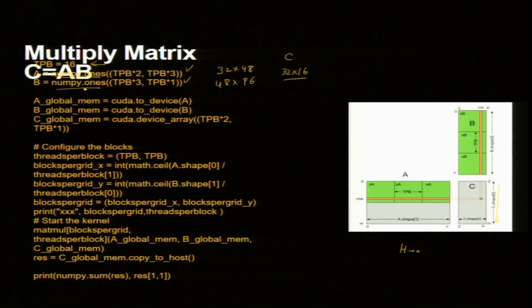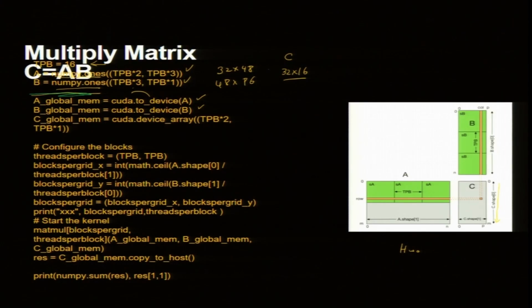Now, I transfer A and B to the device using cuda.to_device. It takes this array A, which is on the host, and sends it to the GPU. The name of this GPU array is A global mem.